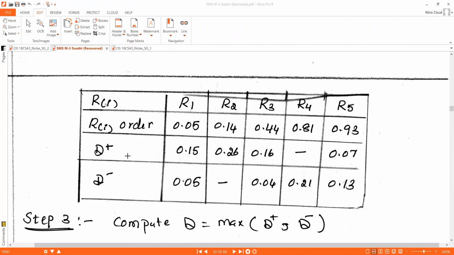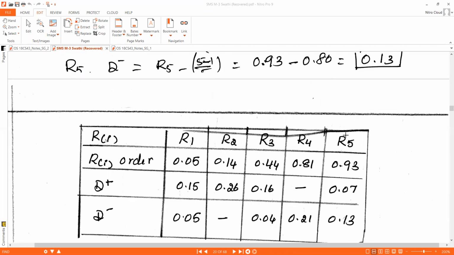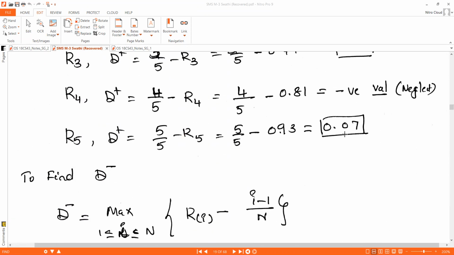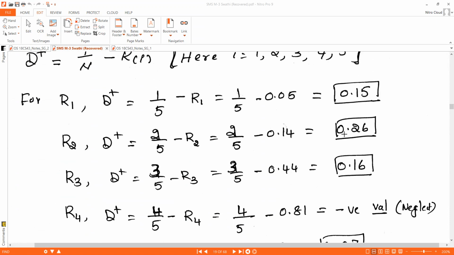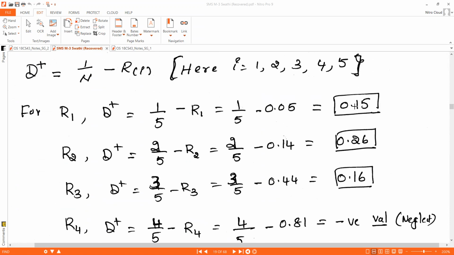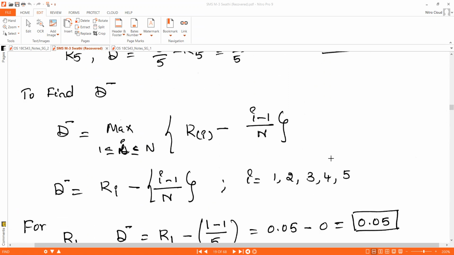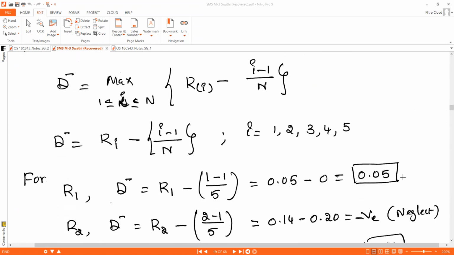Now when R1 is equal to 0.05 and i equals 1, what is the d plus value and what is the d minus value? We have computed here: d plus value when i equals 1 is 0.15, and d minus value is 0.05.